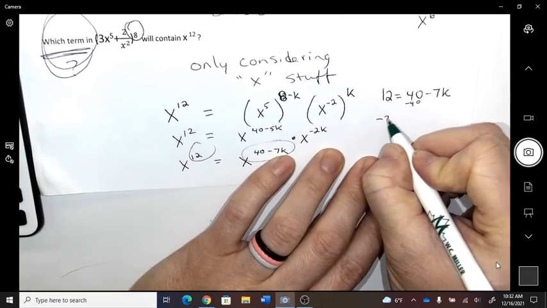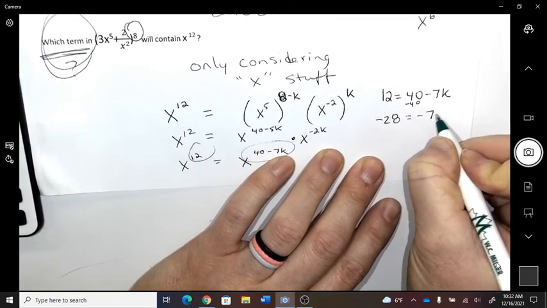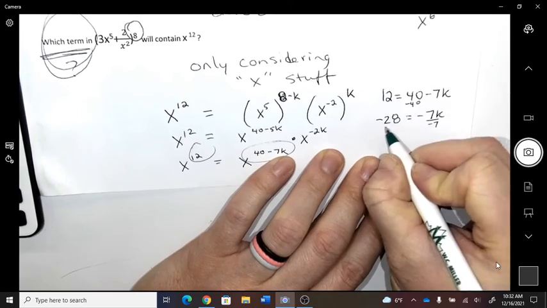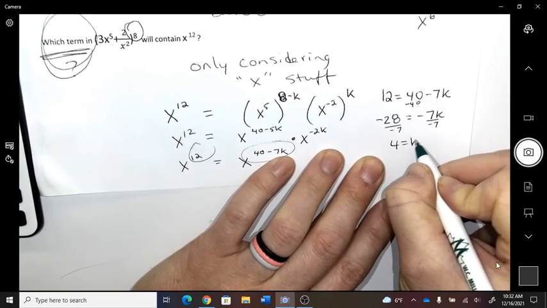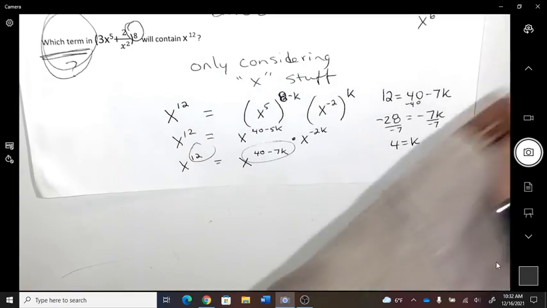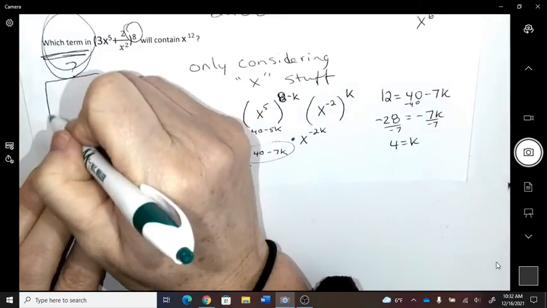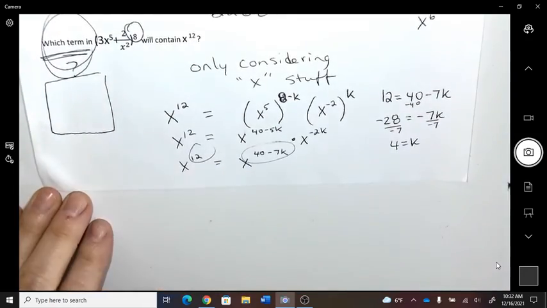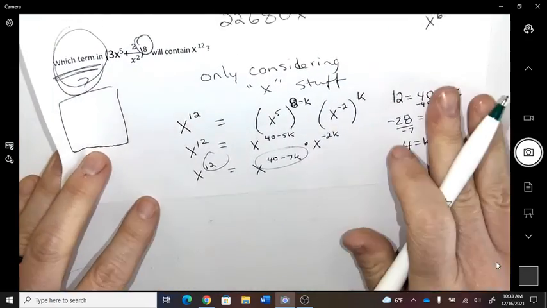So, I'm going to subtract 40. But this is not your answer. This is the number for the k. So the question was, which term?